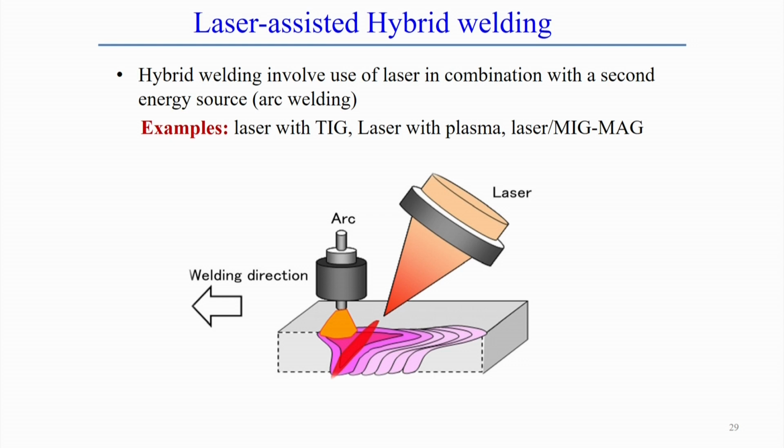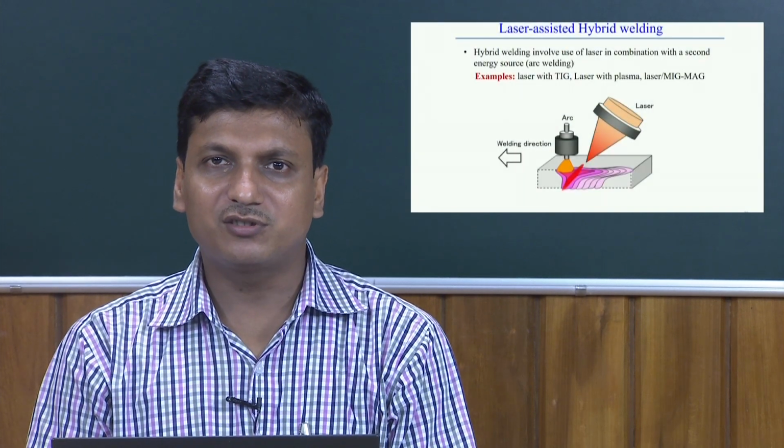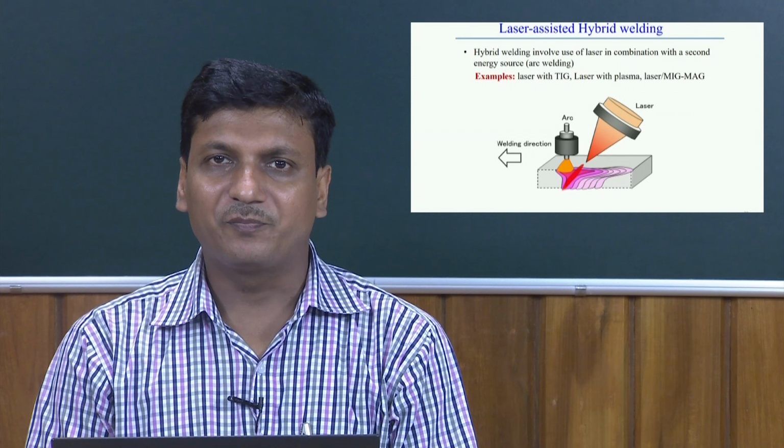But at the same time, the added heat source from an arc welding process helps in several ways. Probably the arc welding process increases the width of the heat affected zone or molten zone. Therefore, if a large volume of welding zone is required, then hybrid laser welding is one of the best solutions.